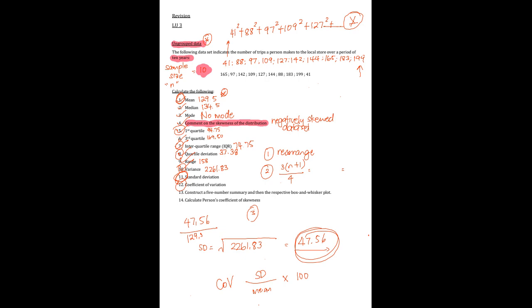And that's multiplied by 100. So that gives you an answer of 36.73%. And that is your coefficient of variation.